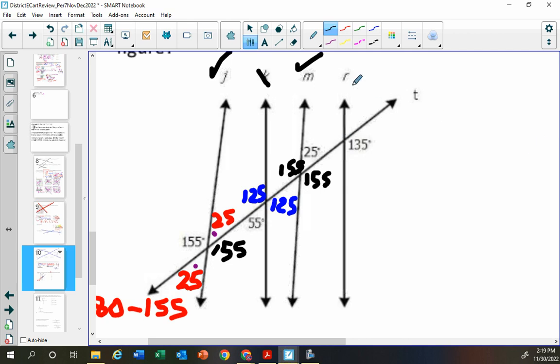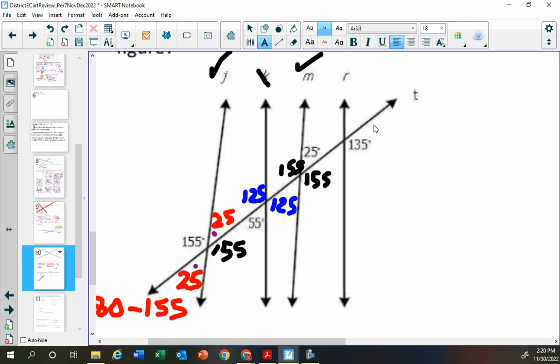However, it's not going to work with R because we need to figure out what this number is. So you have to do 180 minus 135. But what's 180 minus 135? Sorry, my penmanship's a little bad. In fact, I'll type it.